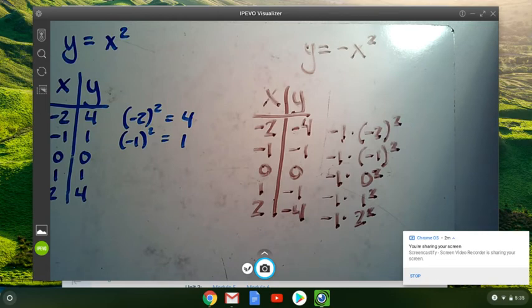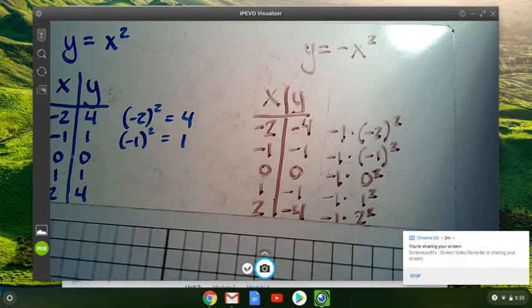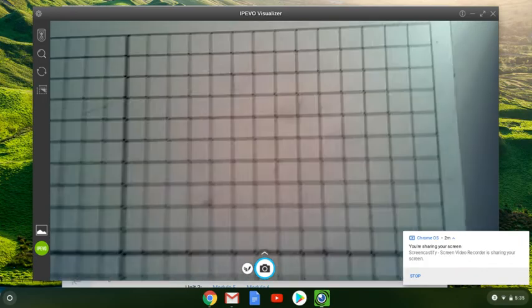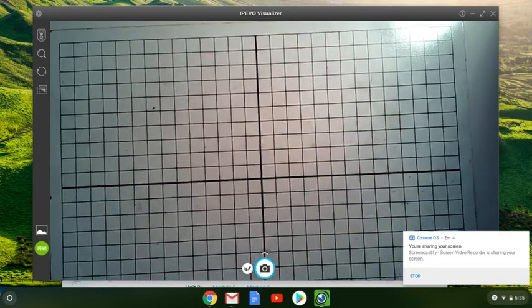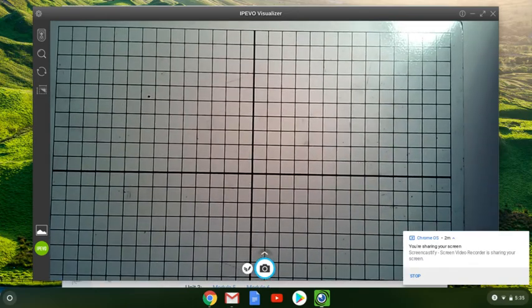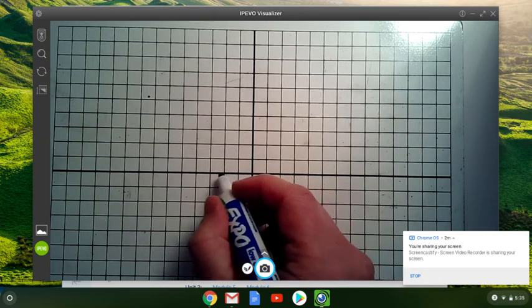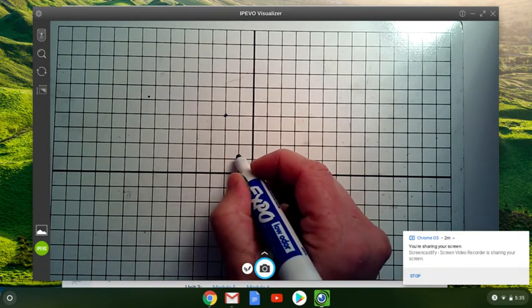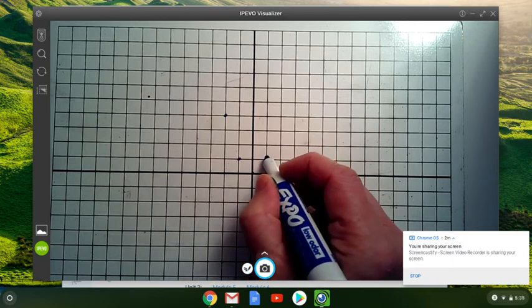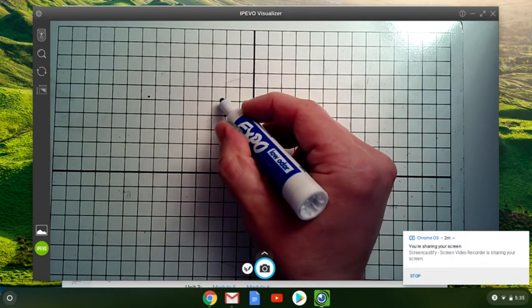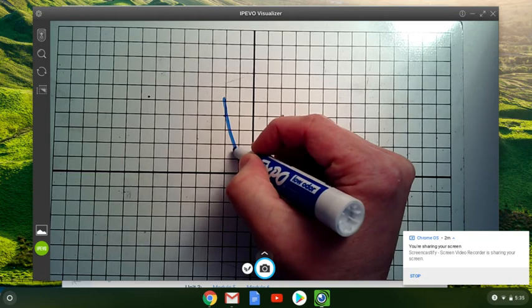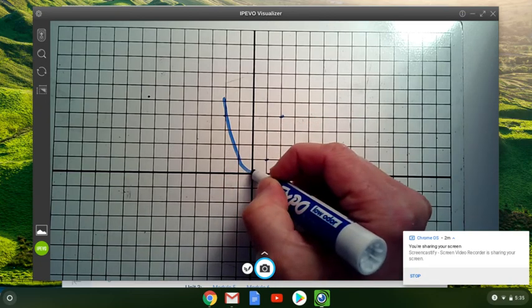Now, if we graph that, we could easily plot those points. This is what it would look like. I'm going to plot those same points we just had. This one was negative 2, 4, negative 1, 1, 0, 0, 1, 1, 2, 4. We've got something that looks kind of like this.